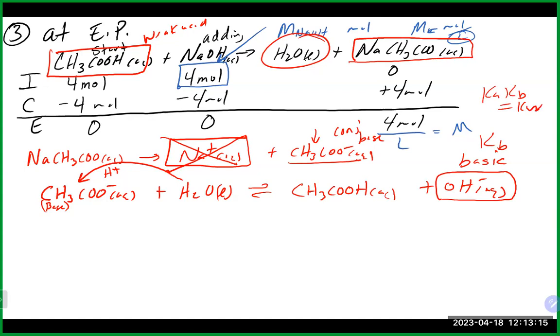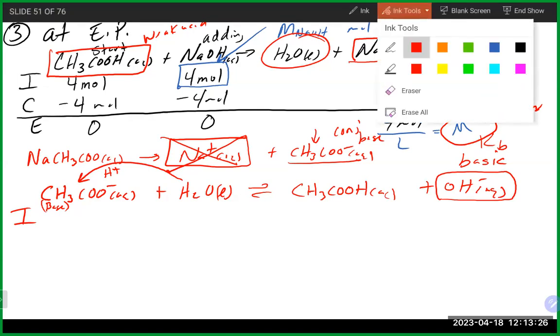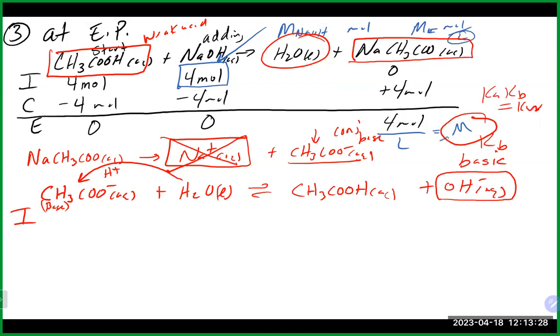So this ice table will be done in molarity, which is why it's important back here to convert it back to molarity. And obviously, like what we were just talking about in the previous one, it is this concentration here that should end up right there. So you're going to take your initial concentration from the equilibrium line that should end up there.